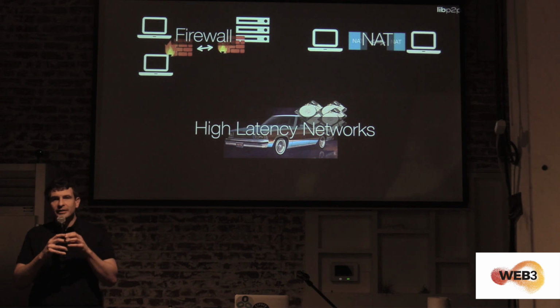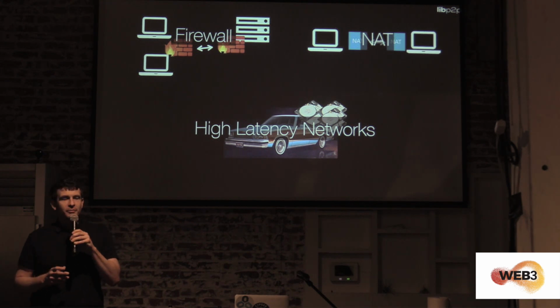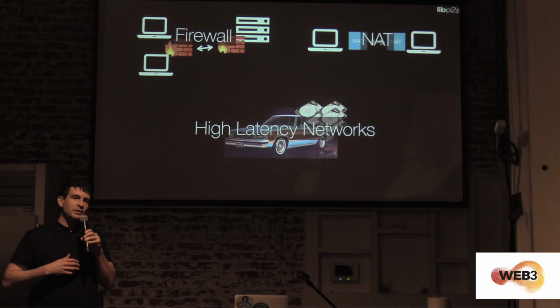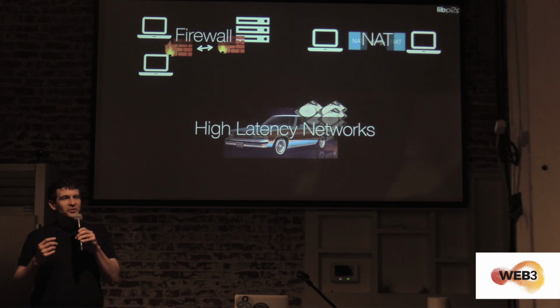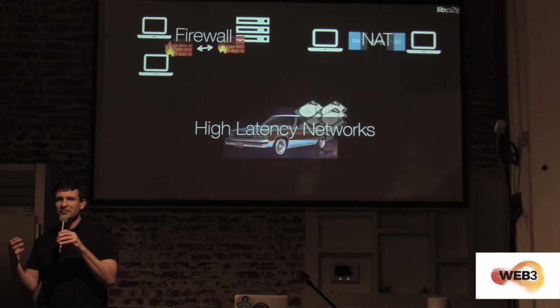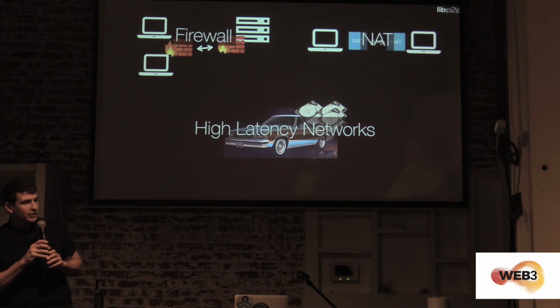Another challenge is high latency networks. One of the founding goals of Protocol Labs is to enable interplanetary networks. So you could imagine an internet that spanned between here and the moon. Clearly, there are fundamental limits of nature that ensure that no matter what we discover in the future, there's always going to be a certain time lag, a relatively high latency to get data back and forth between here and the moon. And that's relatively close.